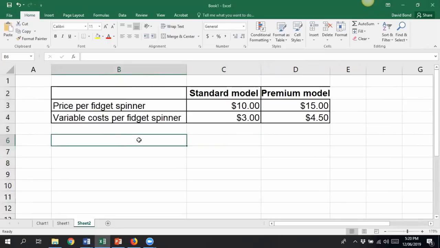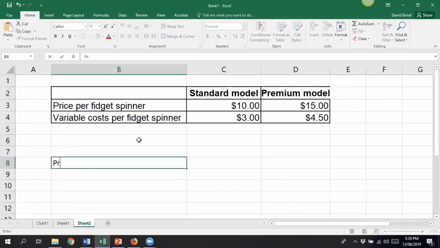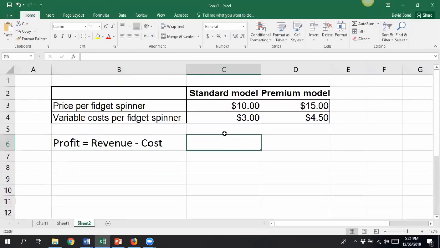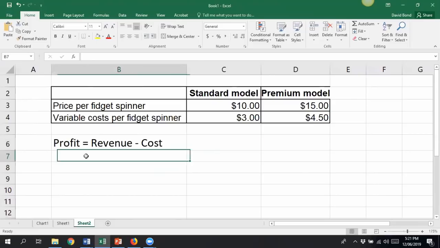So before we get into this, profit equals revenue minus costs. Really important setup. And I'm assuming you can all still see my screen. Yep, awesome. Okay, so profit equals revenue minus costs.